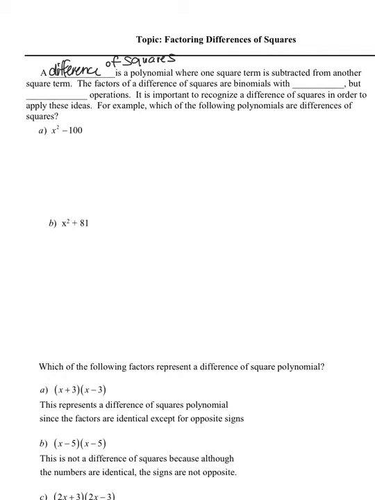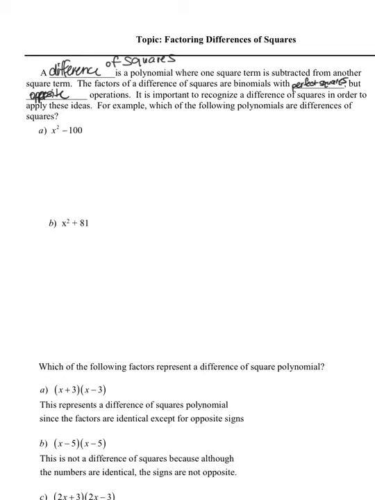The factors of a difference of squares are binomials with perfect squares but opposite operations. It is important that we can recognize a difference of squares in order to apply these ideas.